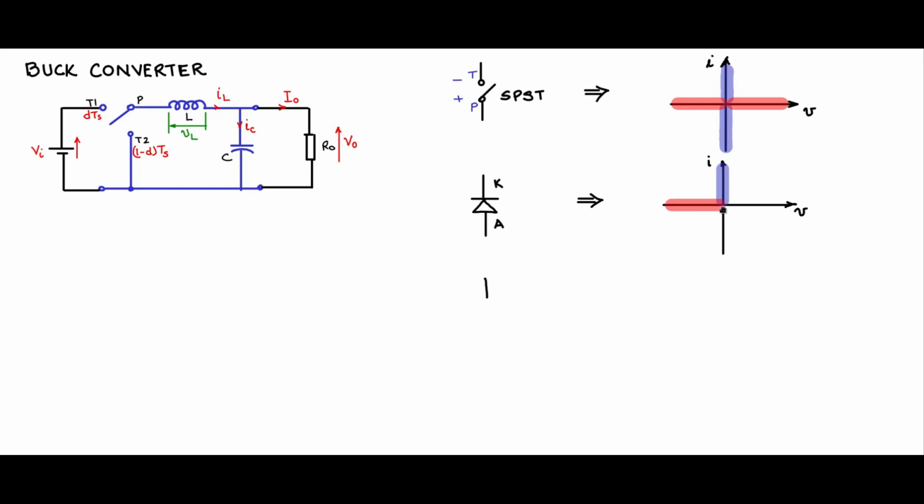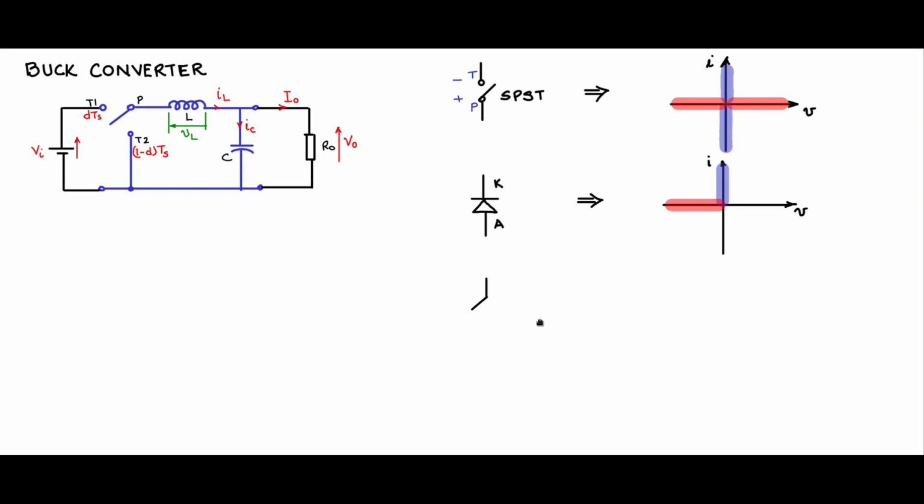No, therefore there is no operating point in the positive direction of the voltage axis. So the diode can have operating points on these marked segments, where it can support negative voltage when it is off, and when it is on it can support positive current flowing through it, from anode to cathode.